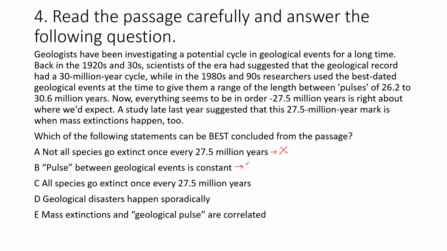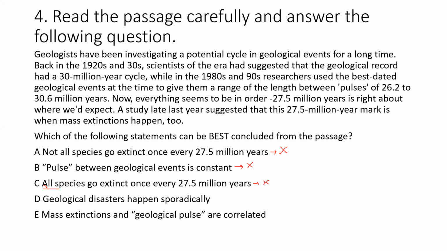So this also gets eliminated. Option C, all species go extinct once every 27.5 million years. The passage talks about mass extinction. Again, as I discussed in option A, the author did not say all species or not all species. So this again goes out of context. This is against the context rather.